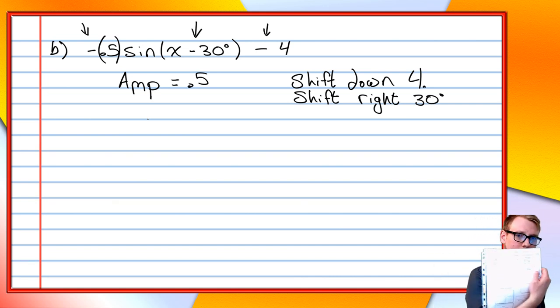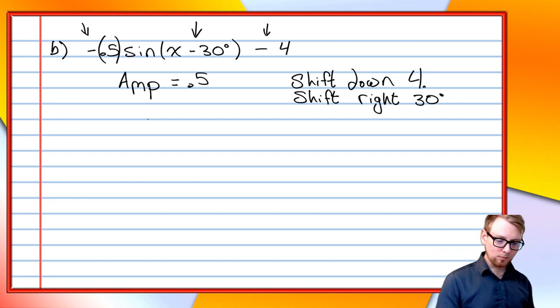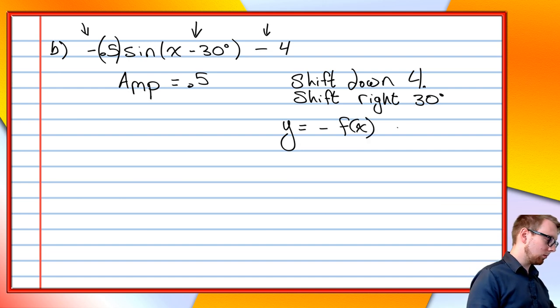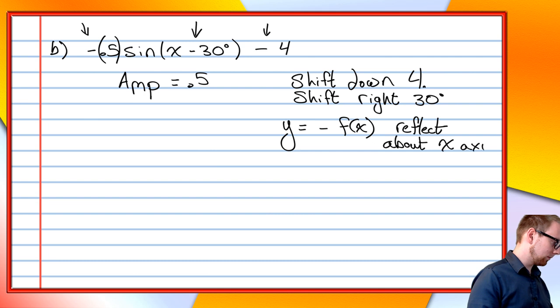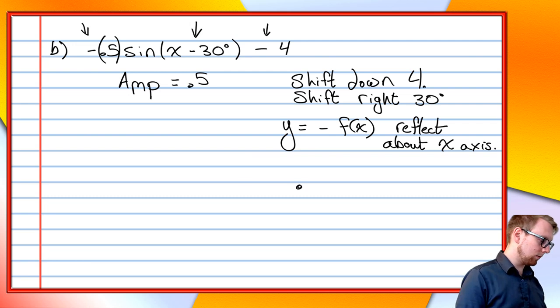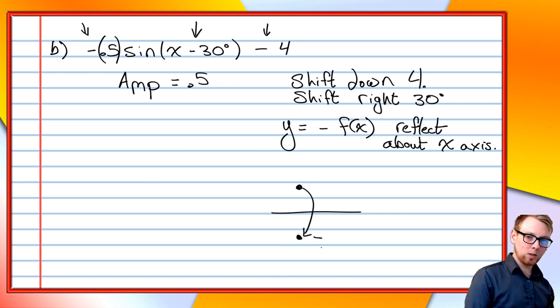Or on our sheet here, when you have y equals minus f of x, like minus of sine, this is a reflection about the x-axis. So if we had some value that was like here, and then we multiplied by a minus, it would be down here. See how that changes?